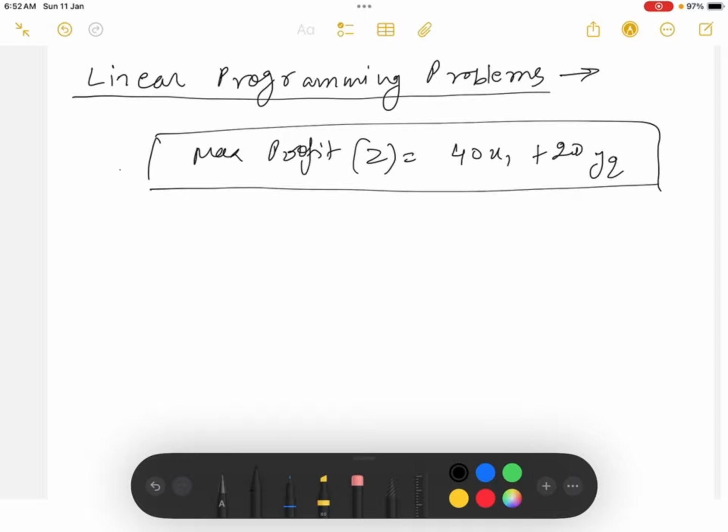Now I'm starting with the linear programming problem, with the basic assumptions of it. Firstly, there is an objective. Then in every part of industry, we see that there are constraints also involved.